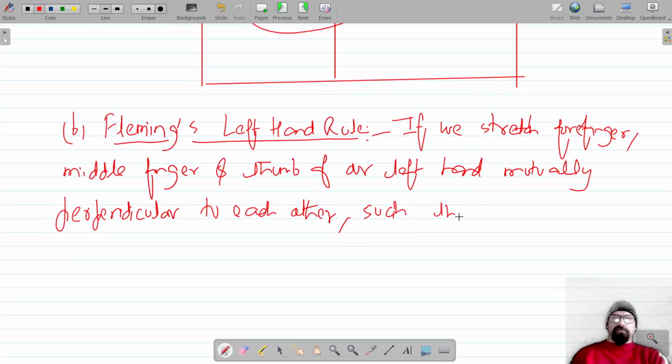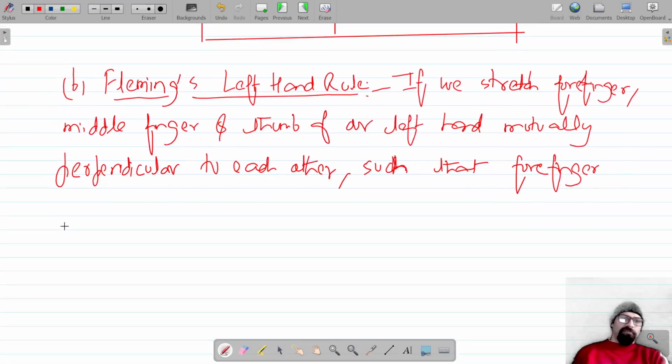So make sure you point the forefinger in the direction of the magnetic field.